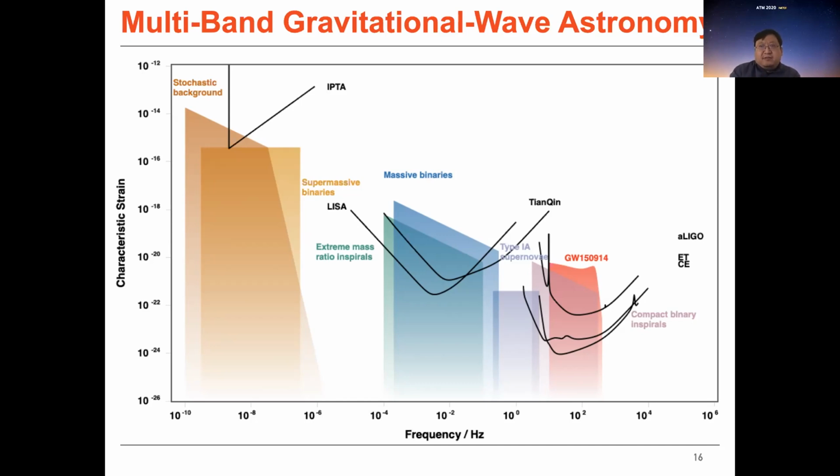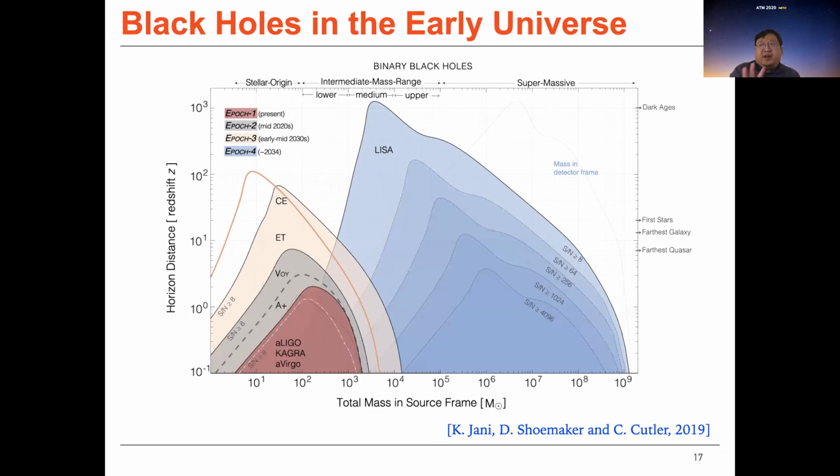So one thing I want to mention is, if you think about the kind of black holes these detectors, let's just talk about the ground-based and the space-based laser interferometers, will be probing, they probe black holes with different masses.